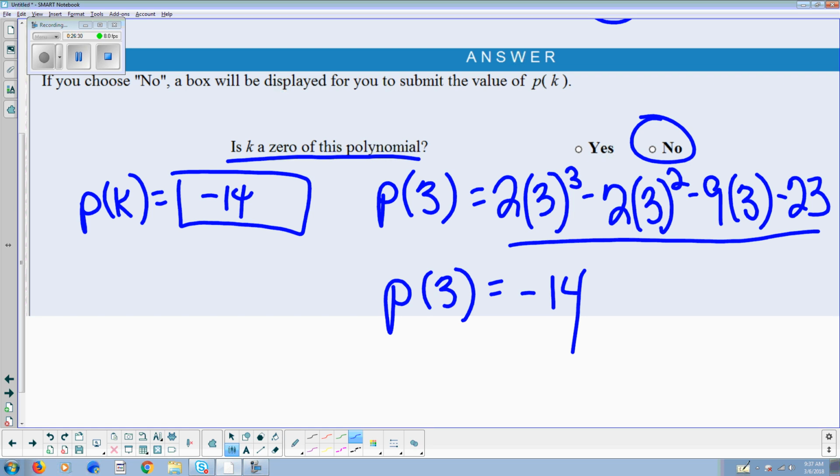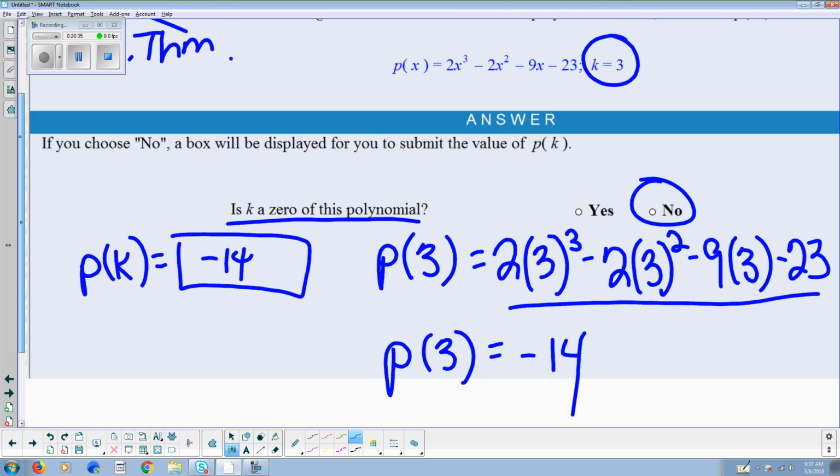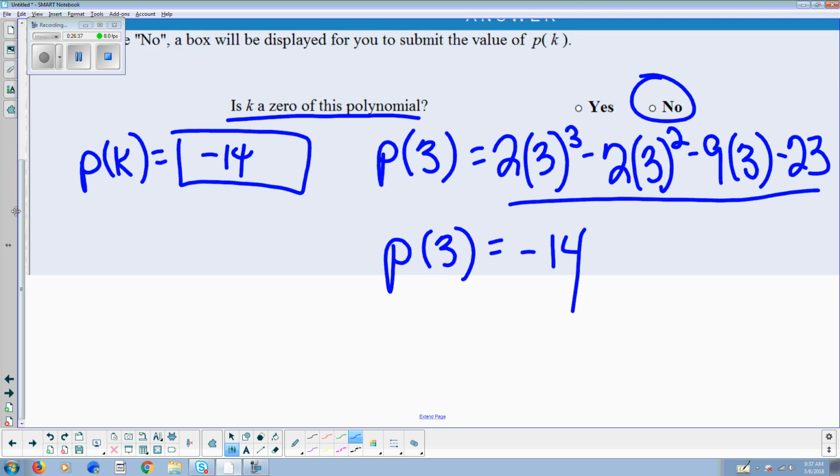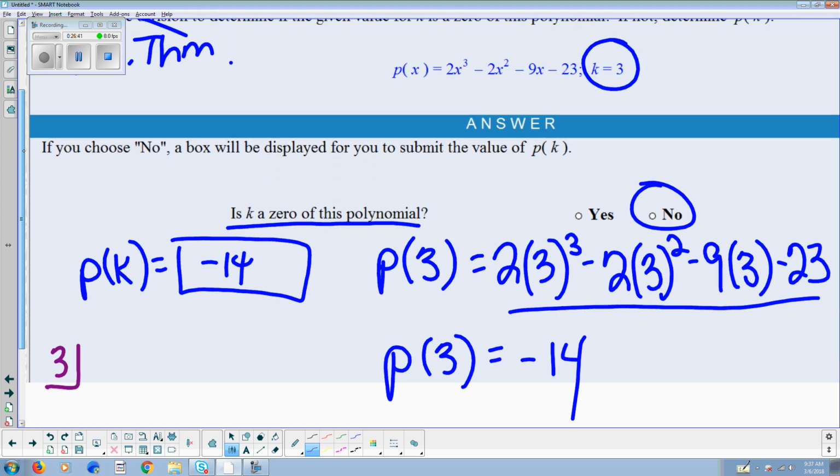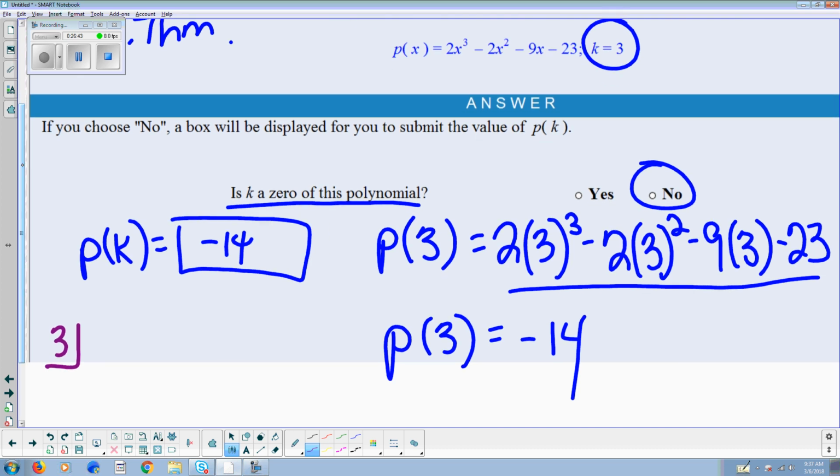The other way would be to perform synthetic division. Use 3 as the multiplier and write the coefficients, sorry, 2, negative 2, negative 9, and negative 23.